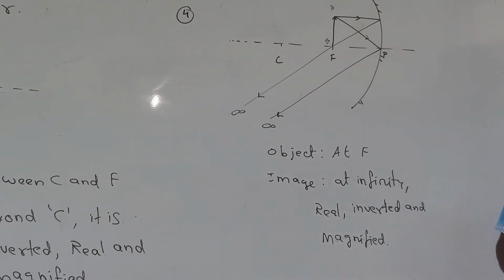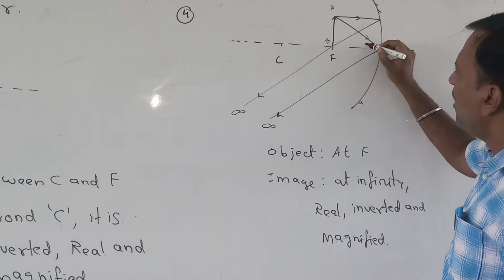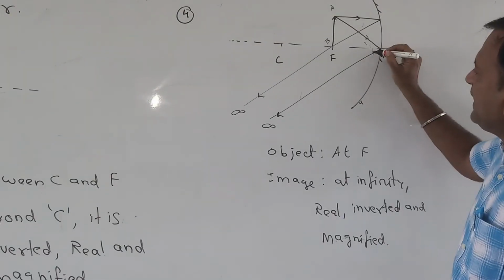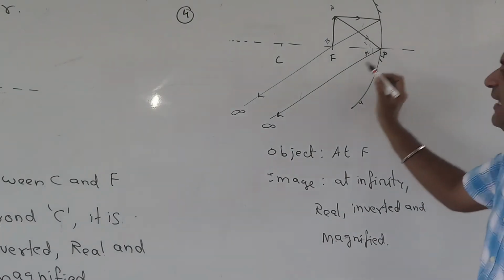Whether the mirror is plane, concave, convex or even rough, the one law of reflection that is always obeyed is angle of incidence is equal to angle of reflection. So this is angle of incidence, this is angle of reflection. Using this law, I have reflected this ray.